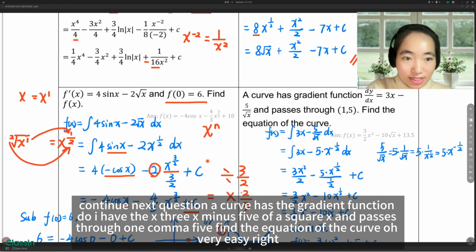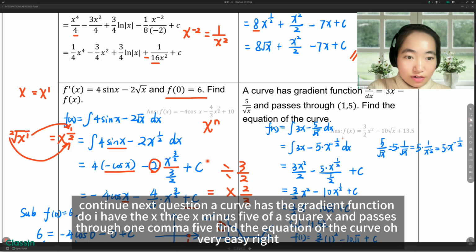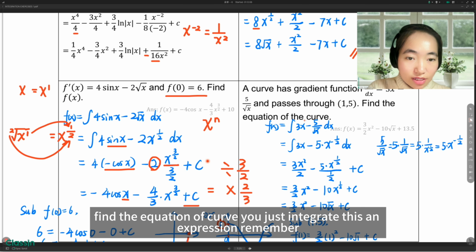Yeah, continue. Next question. A curve has a gradient function, dy over dx, 3x minus 5 over square root x, and passes through (1, 5). Find the equation of the curve. Very easy, right? Find the equation of the curve, you just integrate this expression.